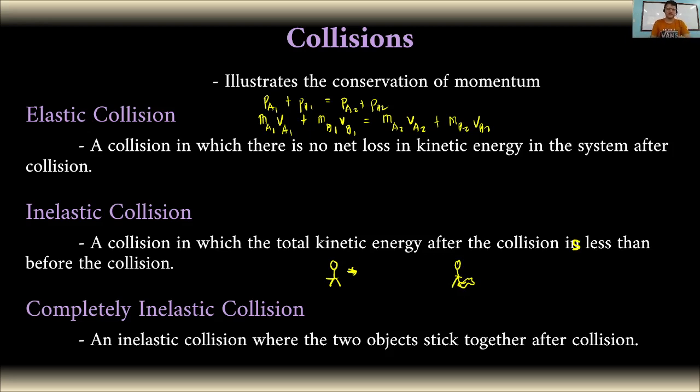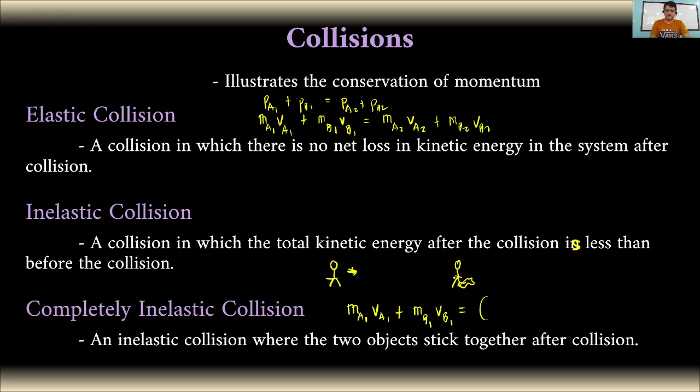So basically, we can describe the mathematics of this completely inelastic collision based on the event. Initially, they are separated. So if we call these objects A and B, we have the mass of object A times its initial speed, which is the initial momentum of object A, plus the initial momentum of object B, the mass of B times its initial speed VB1.